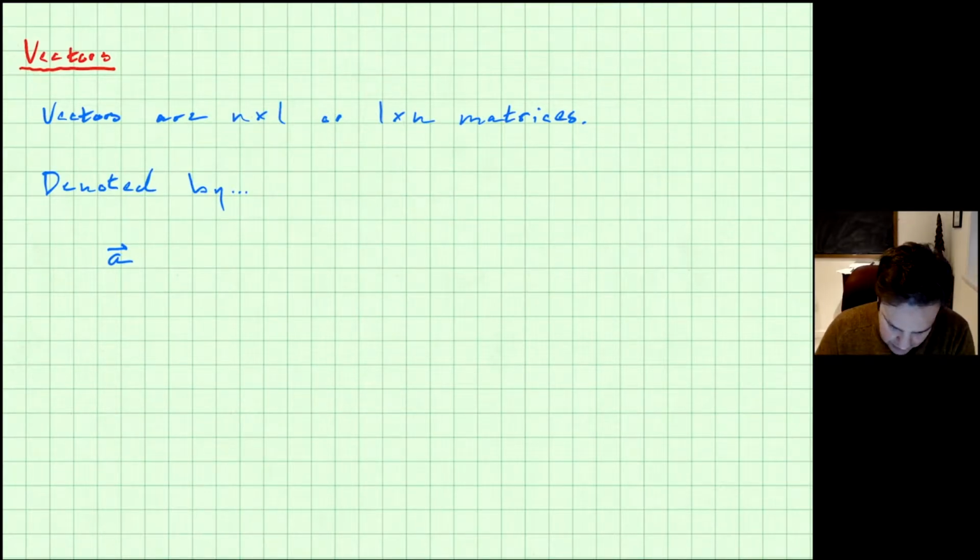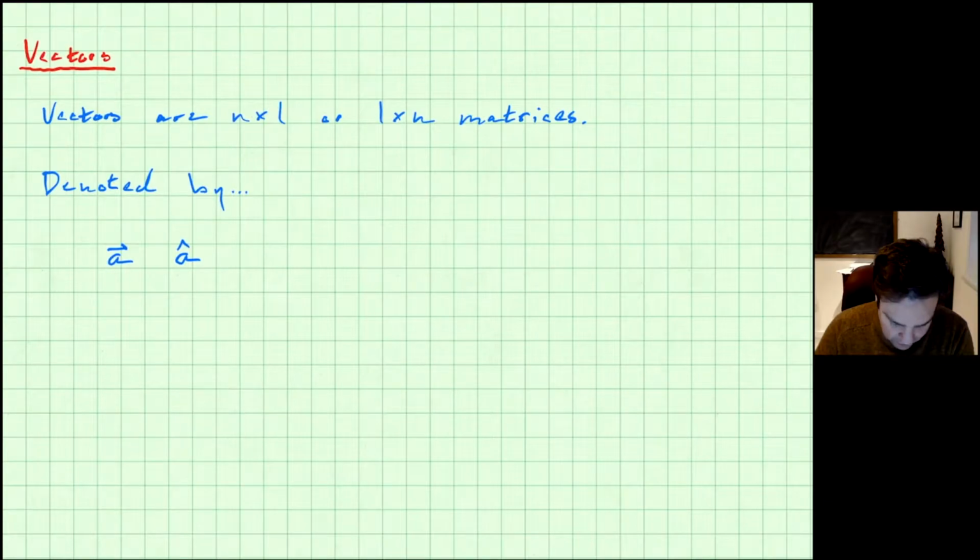Another notation that I'll use is A with a little hat over it, but that'll be a special type of vector that we'll introduce today called a unit vector if it has a little wedge-shaped hat over it. So the one on the left is a regular vector, and the one on the right is a unit vector.